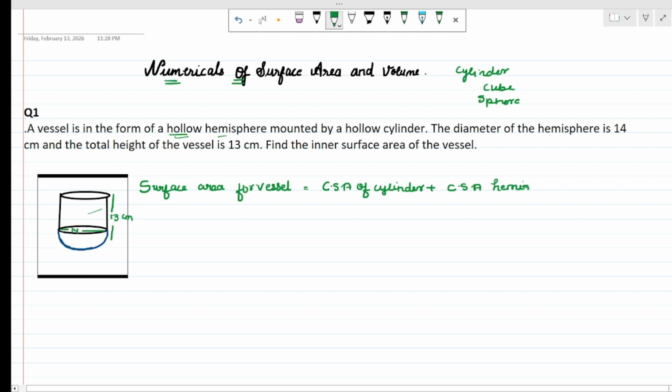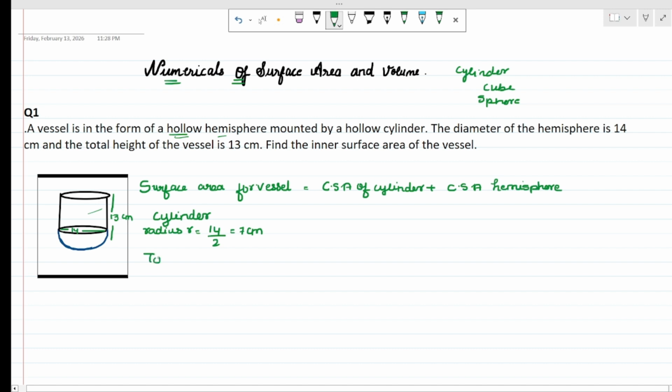Before that, we will first write all the information we are given. For the cylinder, if the diameter is 14, the radius will be 7. So write the radius of cylinder R equals 14 upon 2, that means 7 centimeter.